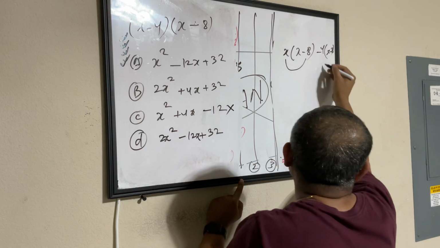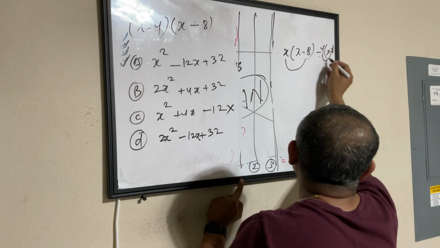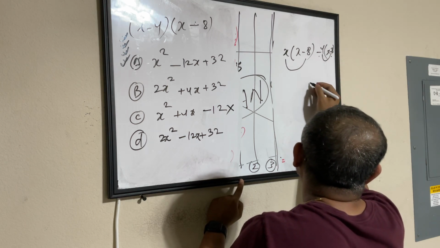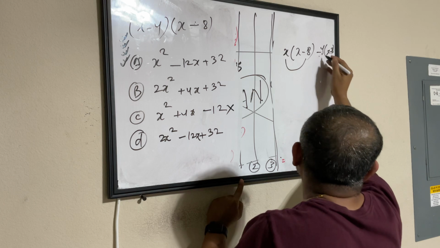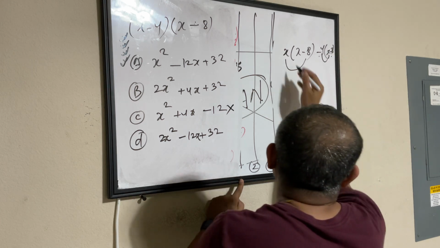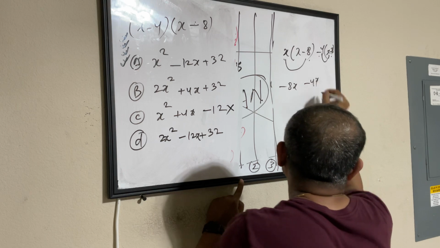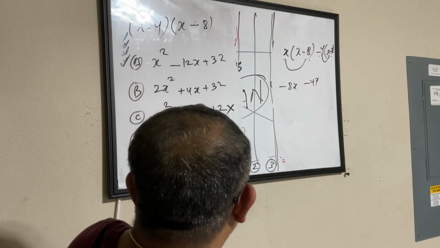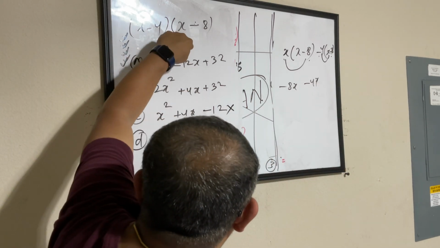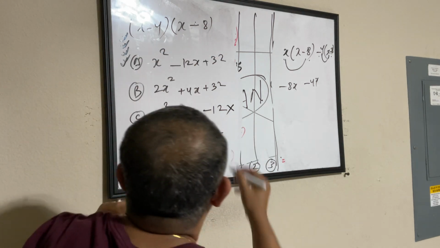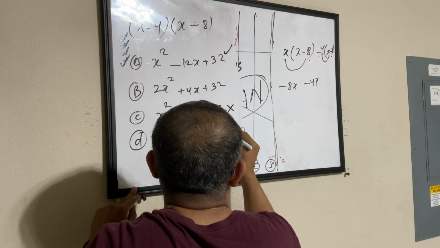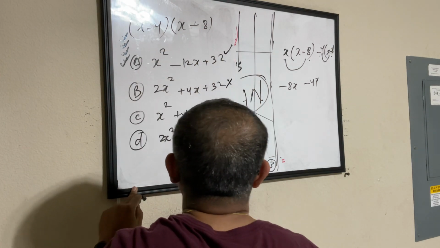This is 1 and this is the second one. So this one gives me minus 8x and this one gives me minus 4x. So it's going to be minus 12x. So if I'm looking at minus 12x and 32, this and this are the two options. This one is ruled out now.